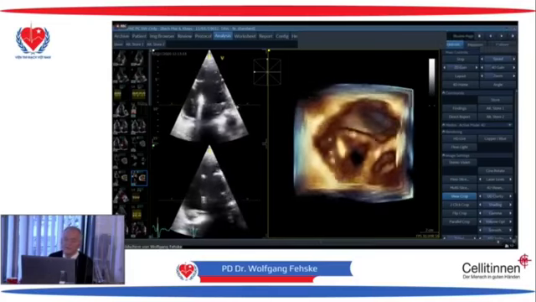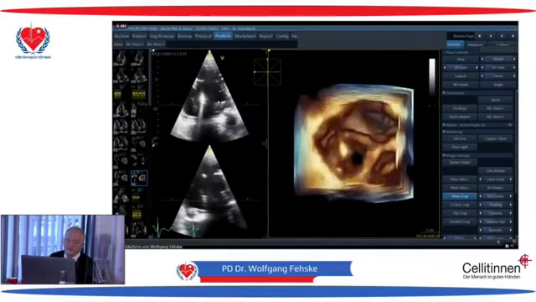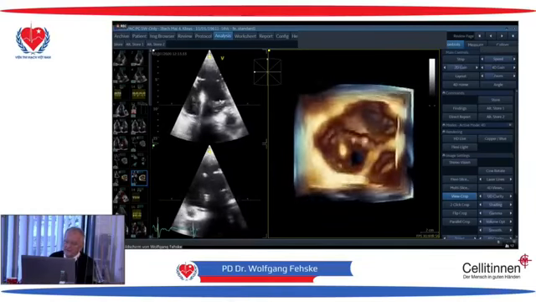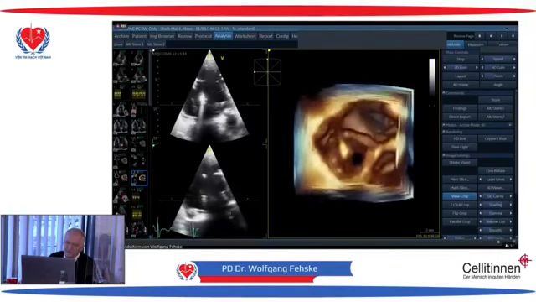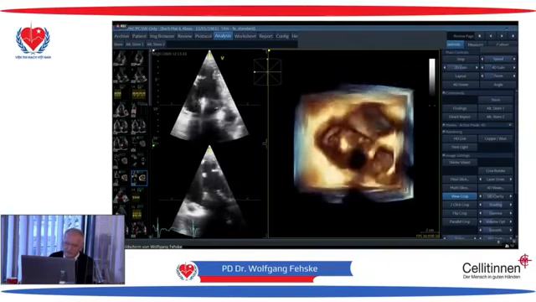So looking a little bit more at the mechanism of the tricuspid regurgitation, we saw before that there is tricuspid regurgitation. We are looking at the pacemaker lead, and you see that the pacemaker lead is completely free here.